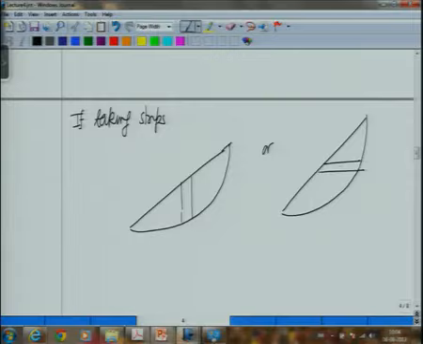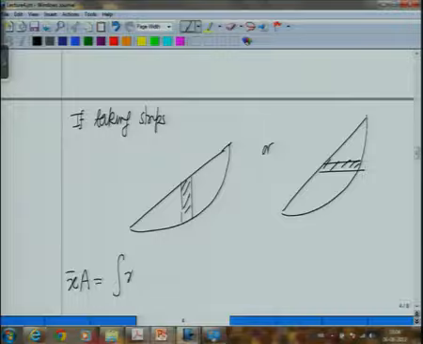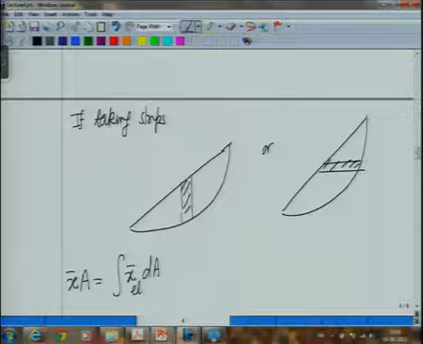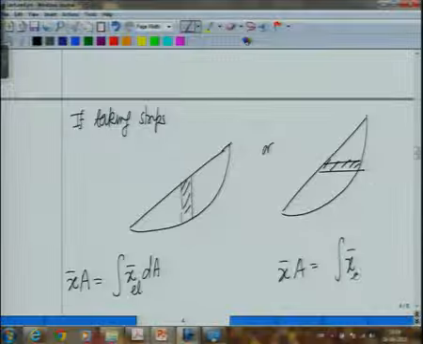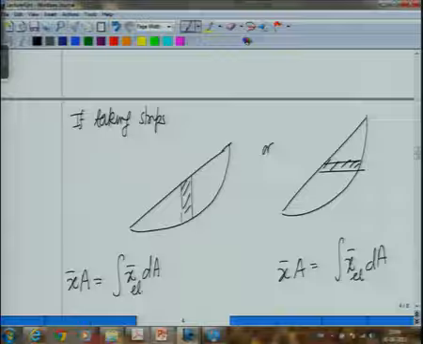So now your formula is x bar A is equal to integral x bar for the element dA, and again here x bar A is equal to x bar for the element dA.